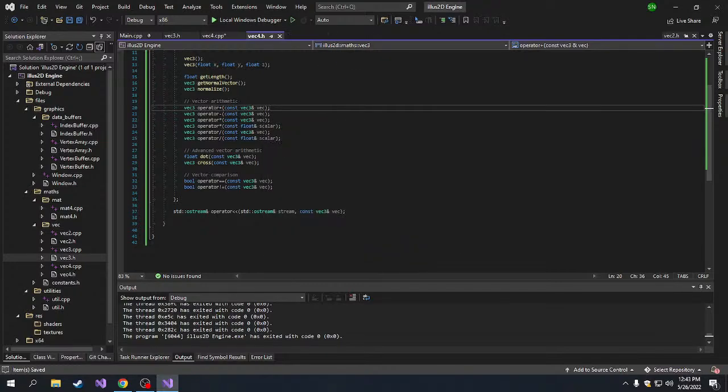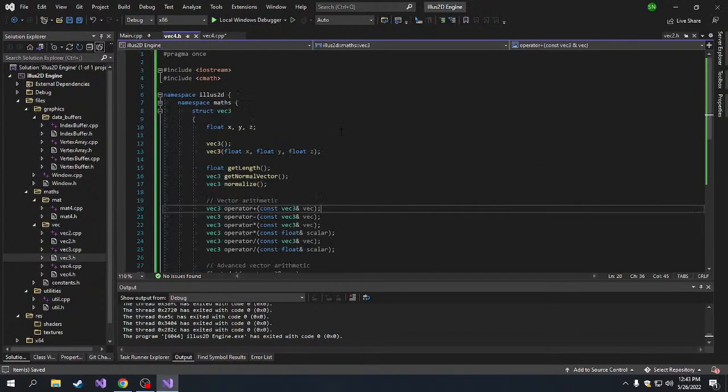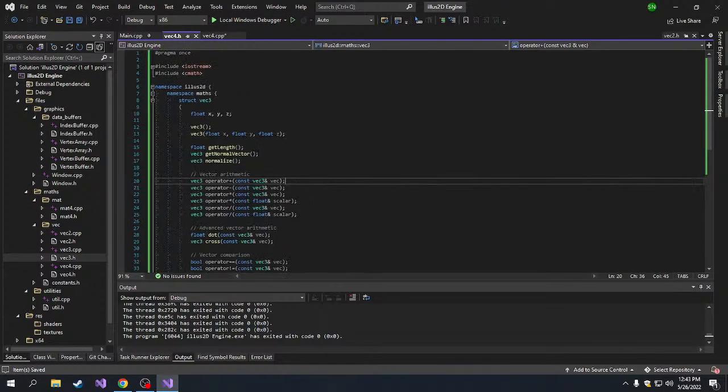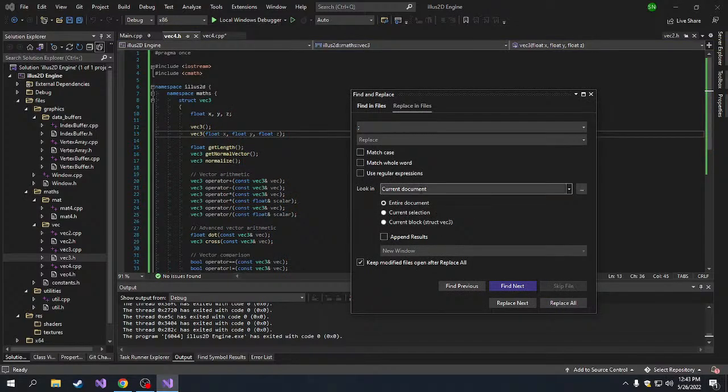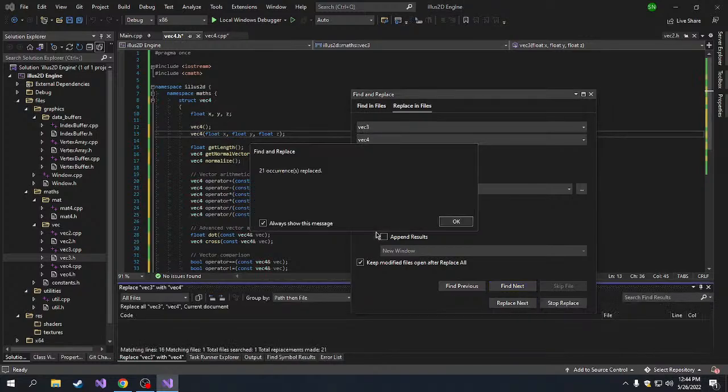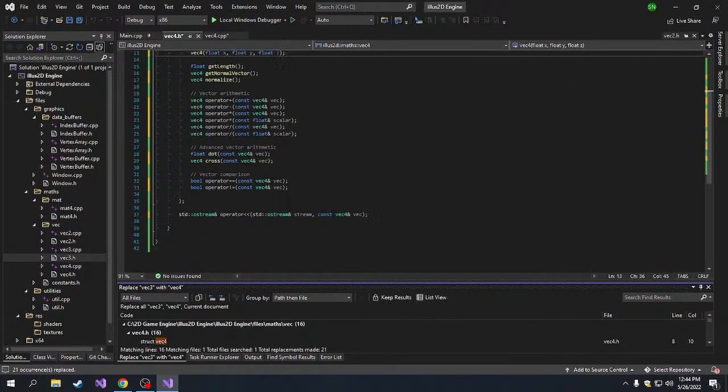Save. So the first thing I'll have to change is this. I'll just change everything: replace in current document vector 3 with vector 4. That's all replaced.